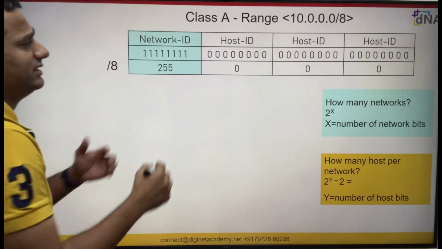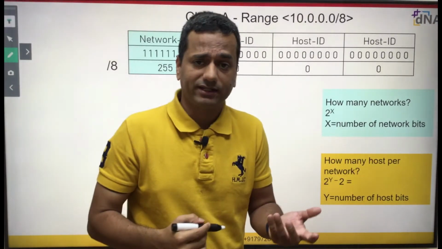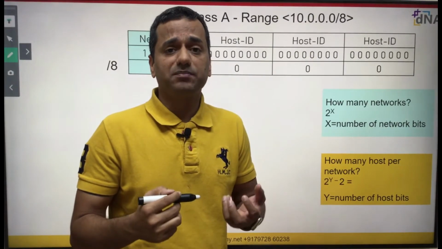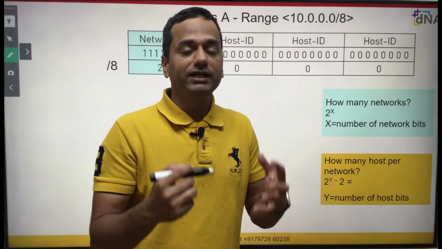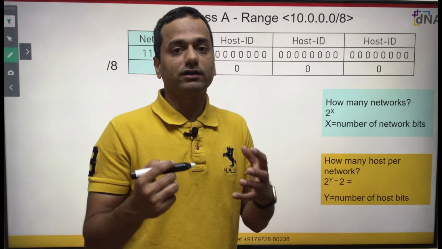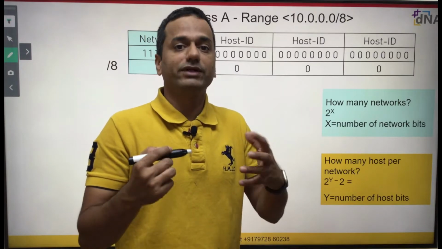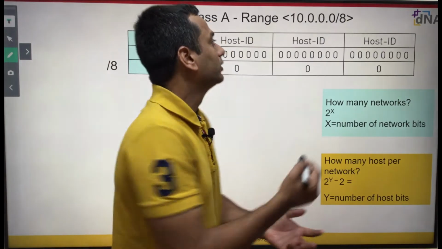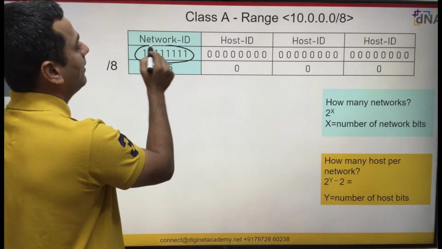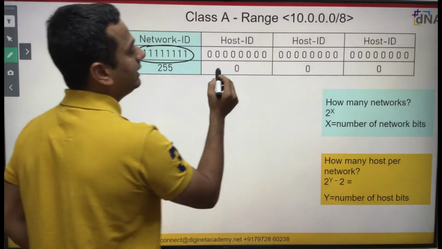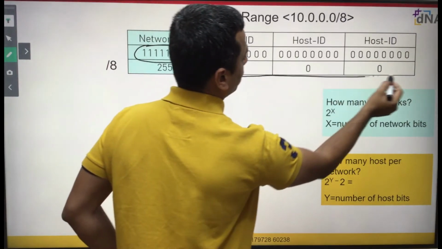Let's first discuss the /8, which is my default subnet mask of class A. How many bits do I have for the network, or what we can call the major network? Total 8 bits for my major network and the remaining 24 bits for host.